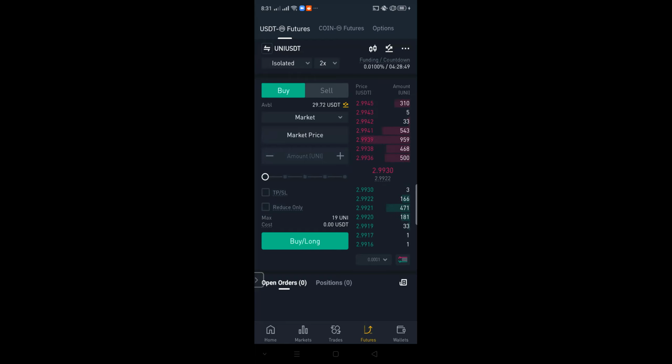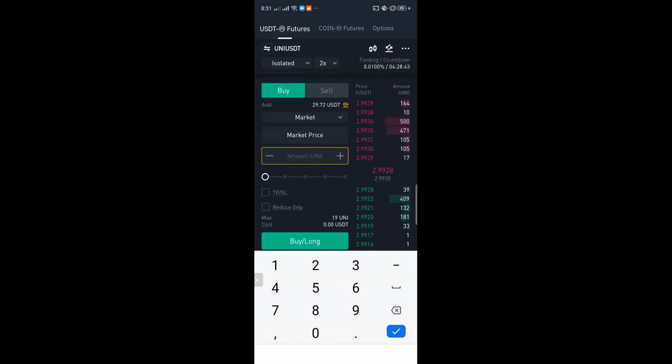So once you pick markets, then you type the amount by dragging. And note the minimum trade you can do per time on Binance must be $10 upward. You cannot trade anything below $10.